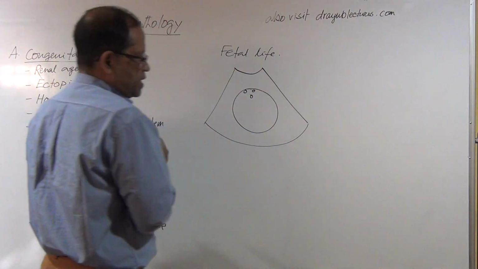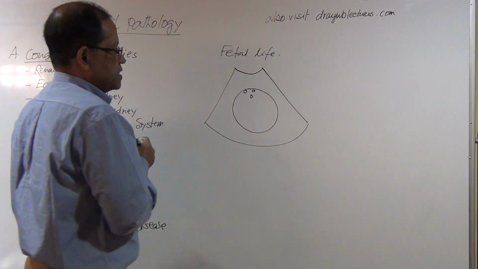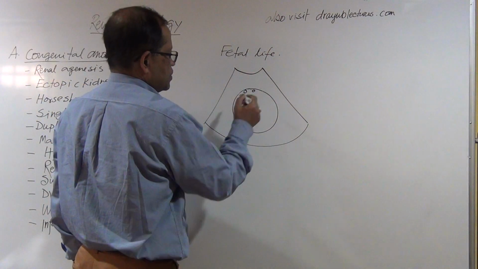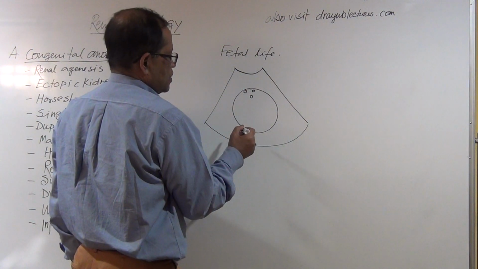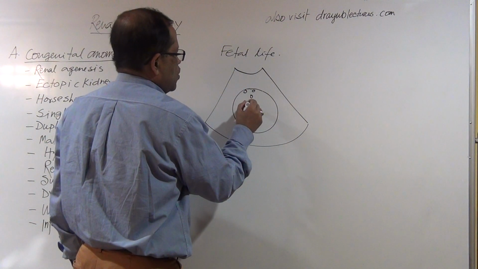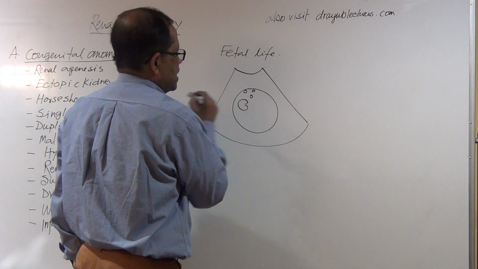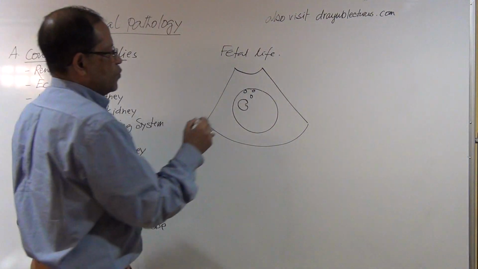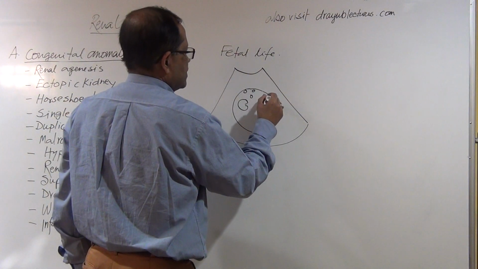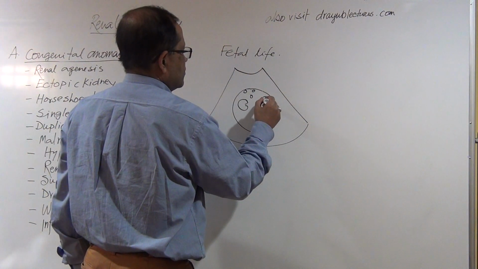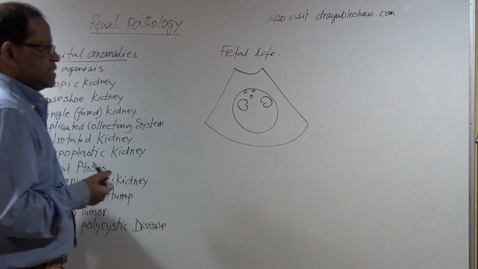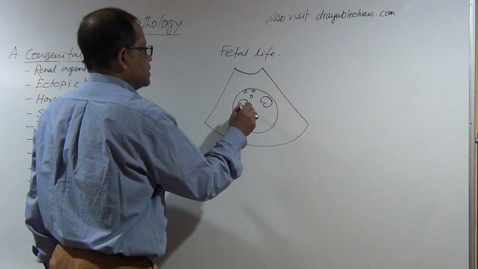So this is the spine, 3 ossifying centers. So this is back and this is front. If the kidney is normally seen, then the kidneys are here. Both kidneys are there. Okay? So that's the way the kidney you will see.